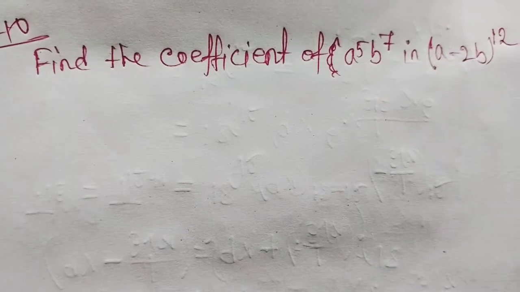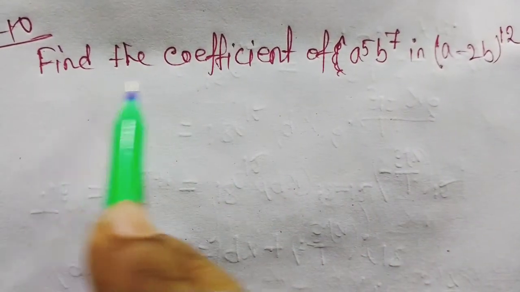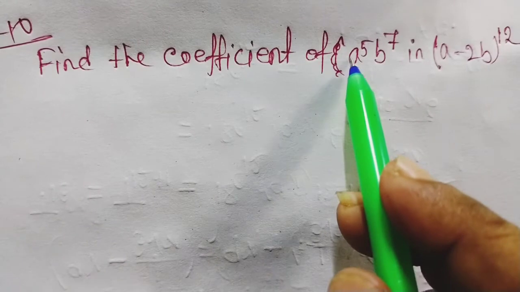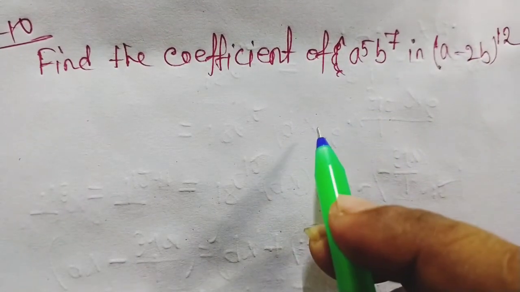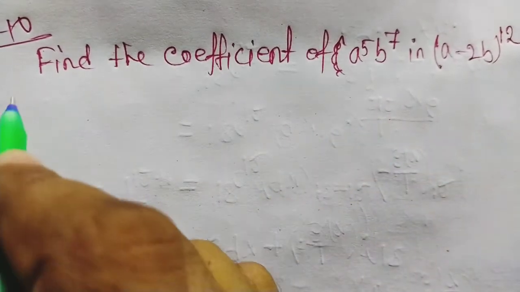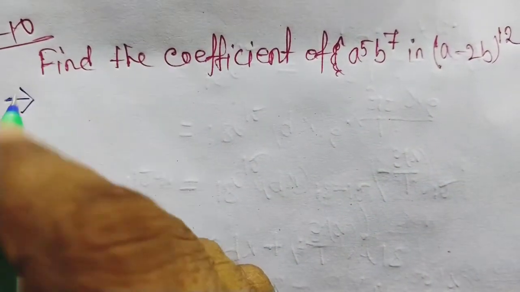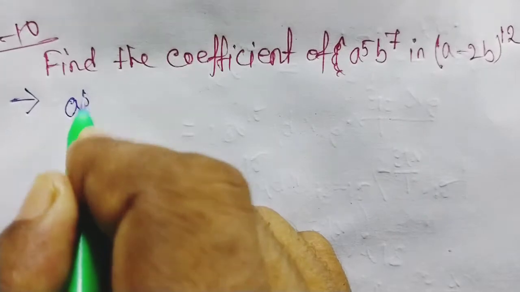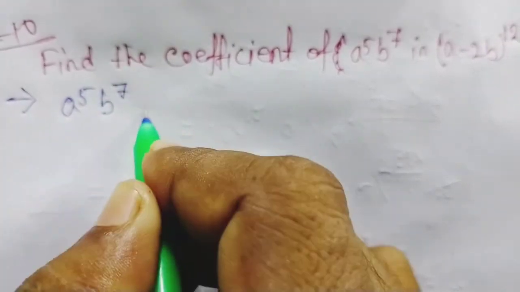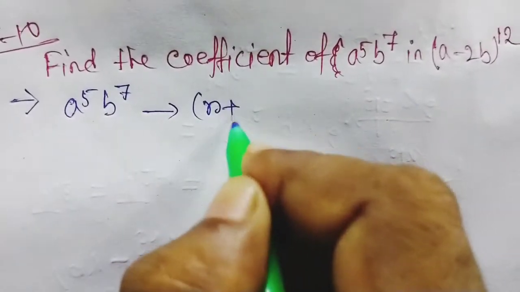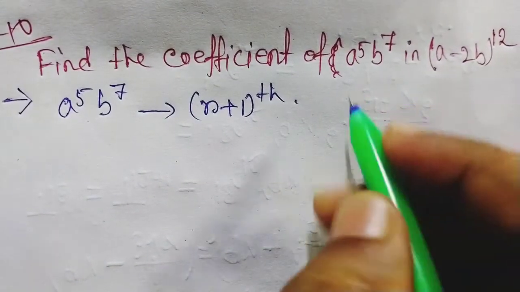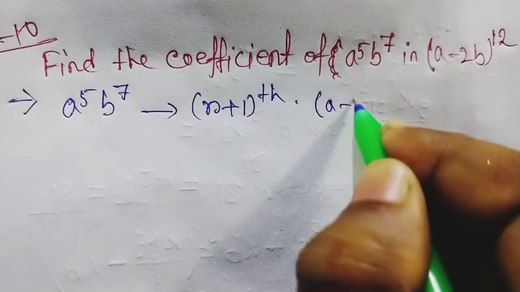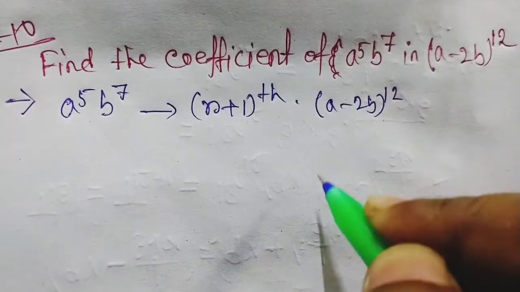Here is another important question. Find the coefficient of a^5 b^7 in (a - 2b) to the power 12. This is question number 10. Suppose a to the power 5 and b to the power 7 occur in the (r+1)th term in the expansion of (a - 2b) to the power 12.